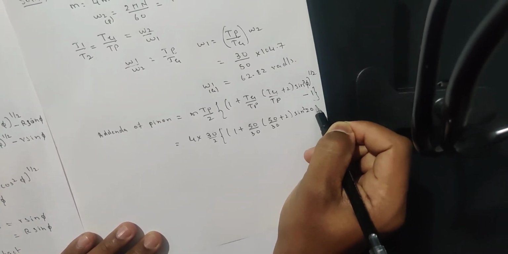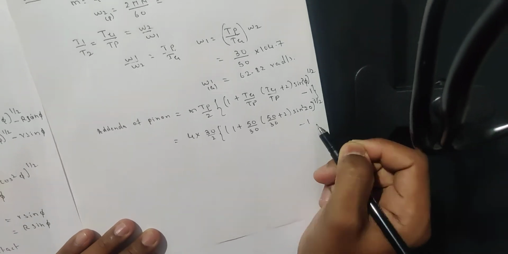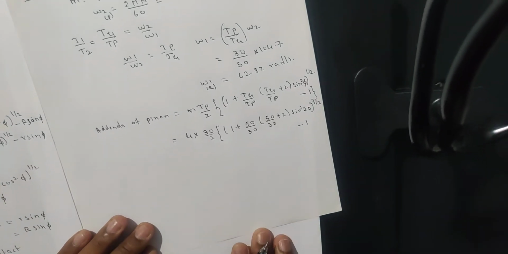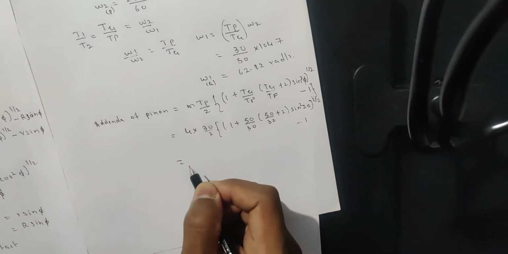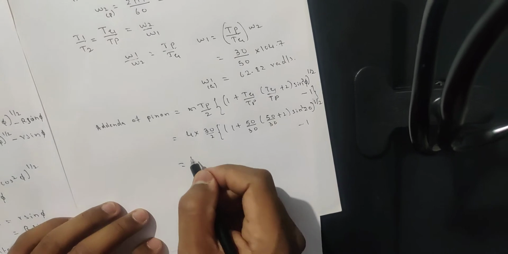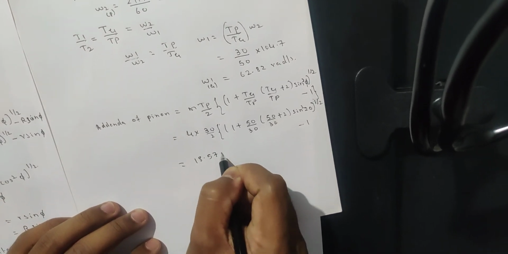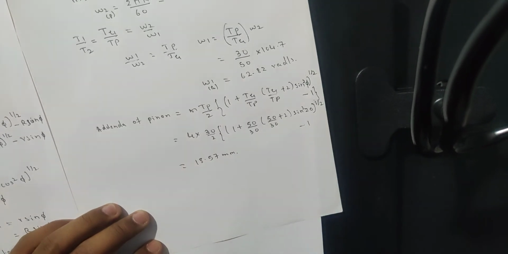It is 20. This will be raised to 1 by 2 minus 1. If you solve this, you will be getting 18.57. The addenda of this pinion will be 18.57 mm.